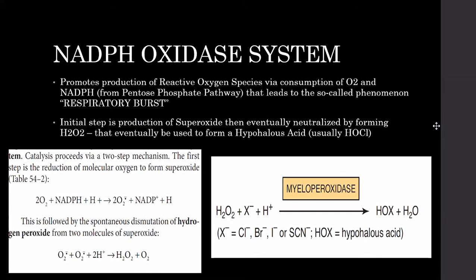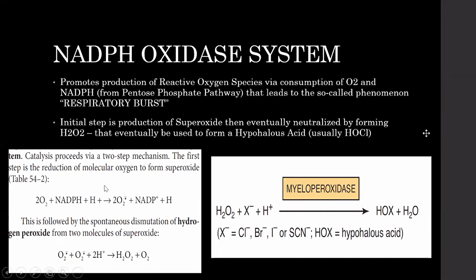So, I said earlier that the phagosome area really needs to be contained, because that is where your reactive oxygen species come out. Your reactive oxygen species are the free radicals produced by your NADPH oxidase system, the so-called respiratory burst.